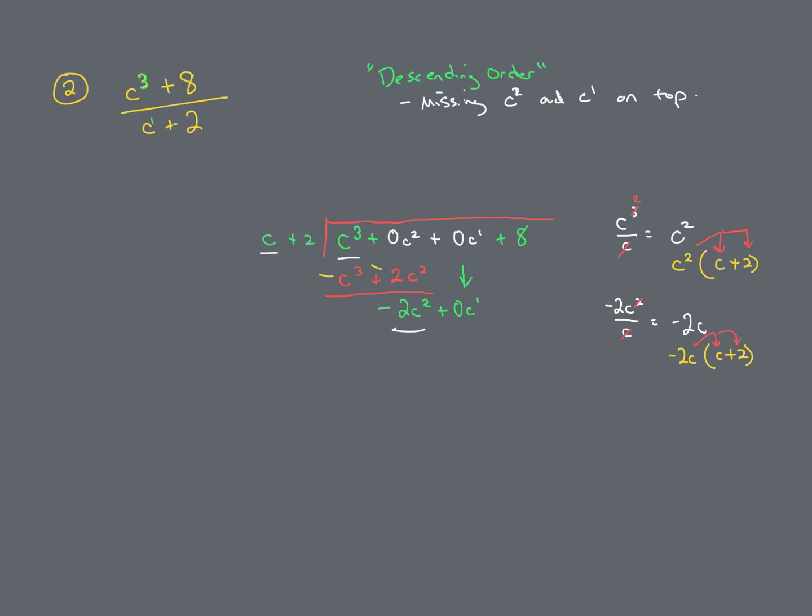Negative 2c times c is negative 2c squared. Negative 2c times 2 is going to be negative 4c. And remember, we're subtracting both of those. So if I subtract the negative 2c squared, that becomes positive. If I subtract the negative 4c, that also becomes positive.